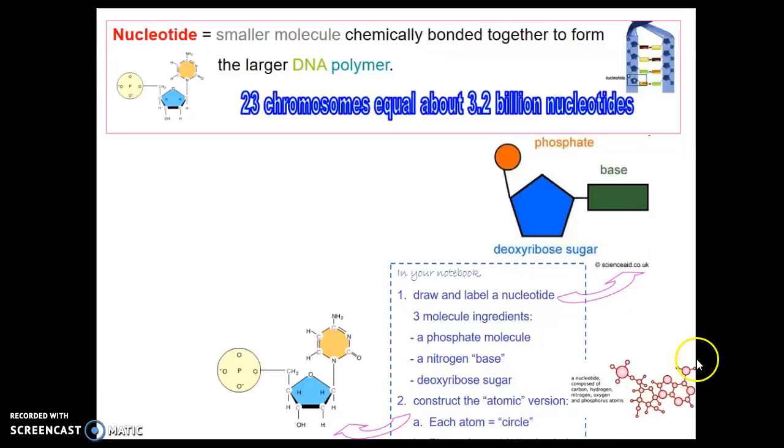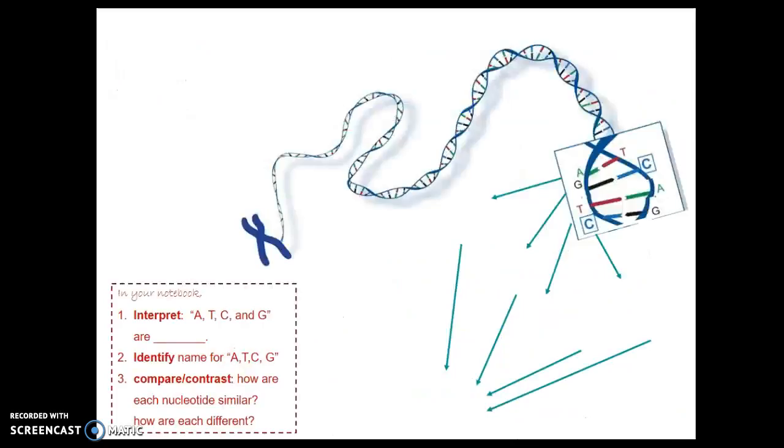But you would complete this entire structure until the elements that you can see clearly here are represented in this drawing. And the idea is to just remember that nucleotides are composed of carbon, hydrogen, nitrogen, oxygen, phosphorus atoms. That the basis of life and of DNA is atoms and molecules bonding together in special arrangements.